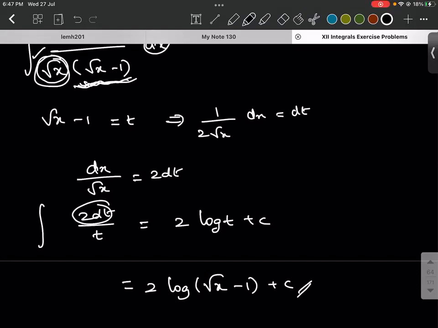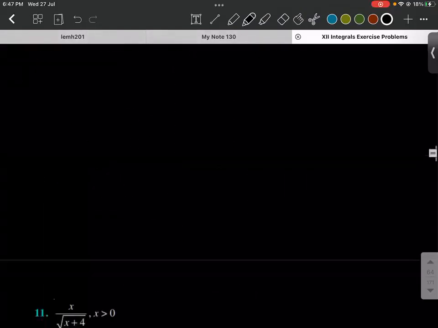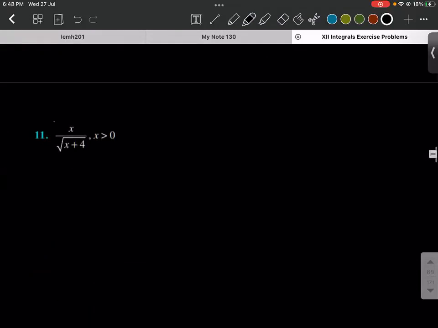Okay. This one, the same logic again, square root.